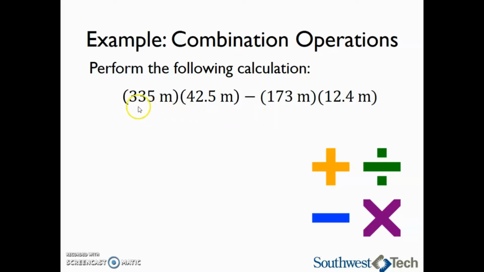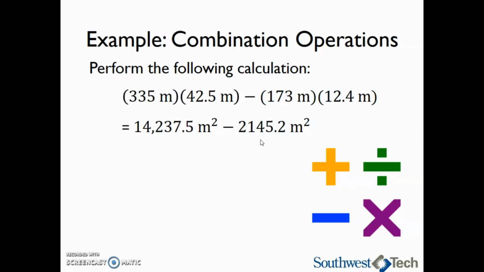When we take 335 times 42.5, we get 14,237.5 square meters. When we take 173 times 12.4, we get 2,145.2 square meters.